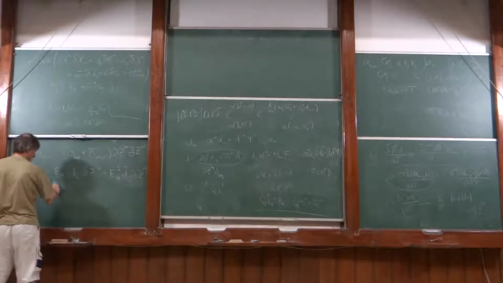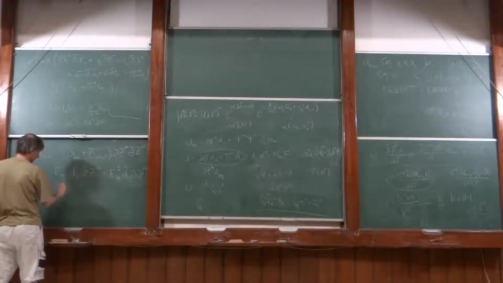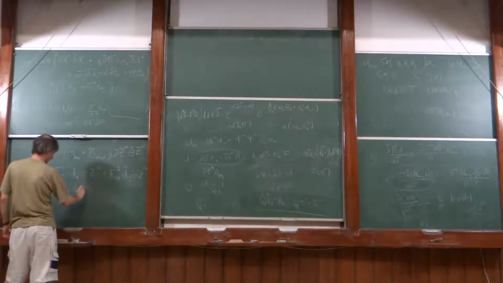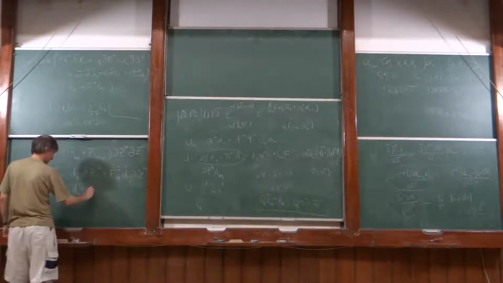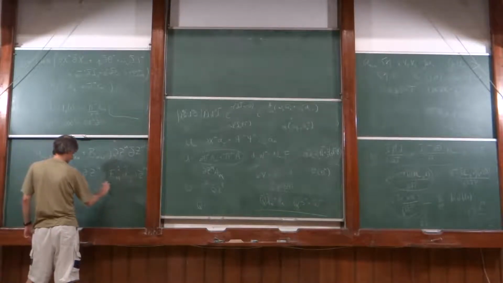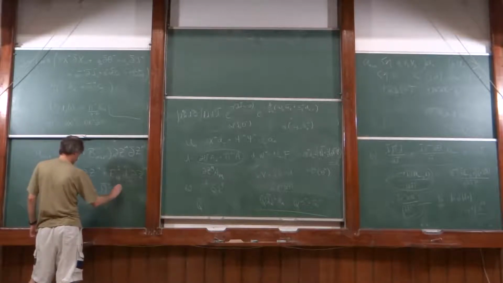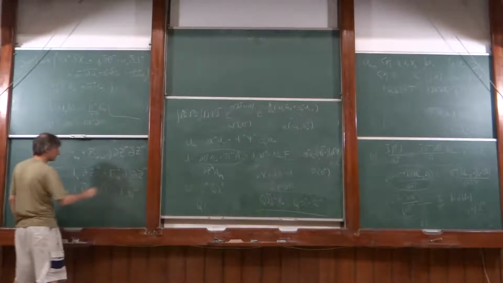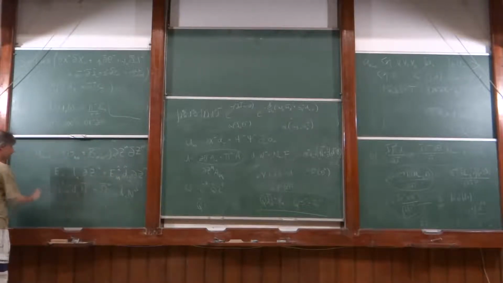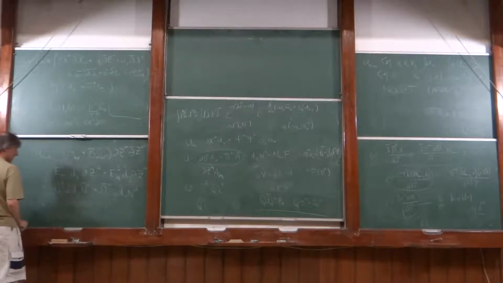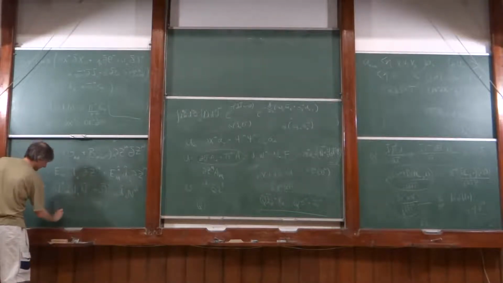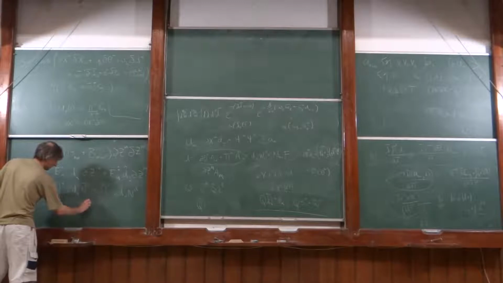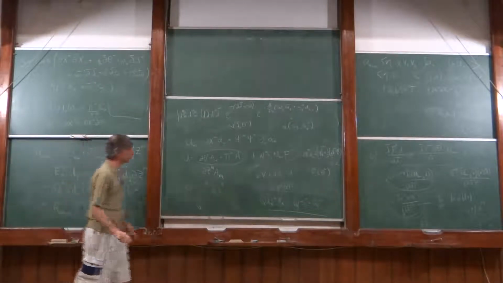So I'll write this as omega alpha AB. Of course all the objects I write down have conformal weight 1, 1. Then you're going to get a term R, A, B, C, D. That comes from the left-right product with two of these.